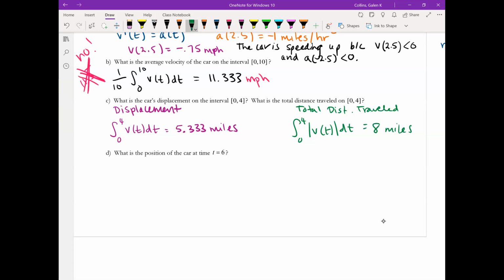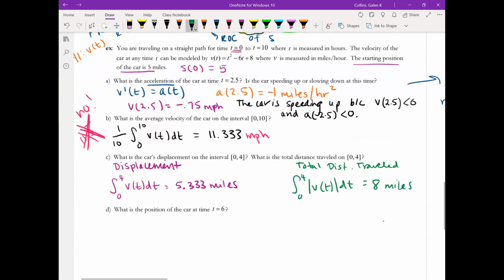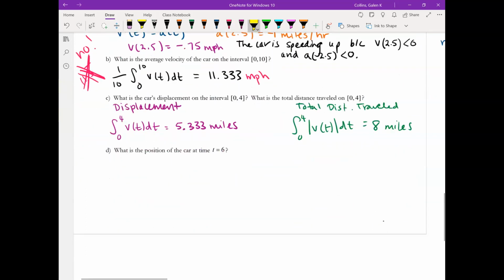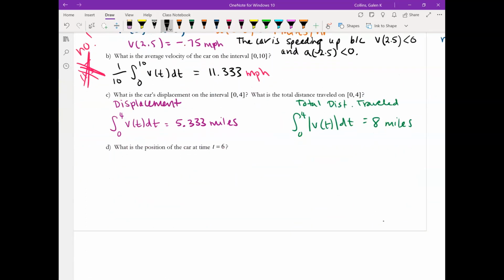All right, so lastly, part D. What is the position of the car at time t equals 6? And we can only answer this question if we know the position of the car at some other time, which we do. We know that the position at 0 is 5. So let's write it out first.